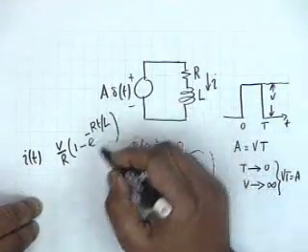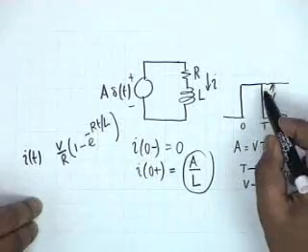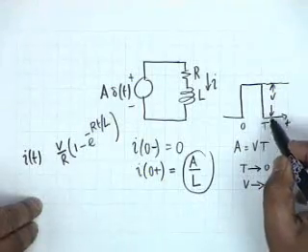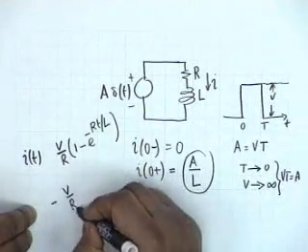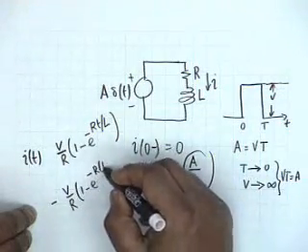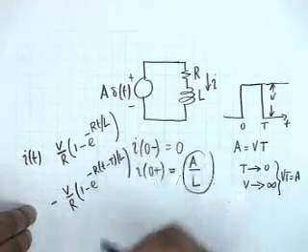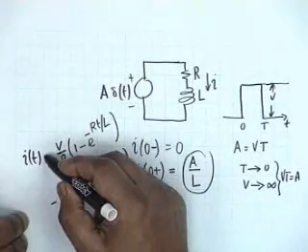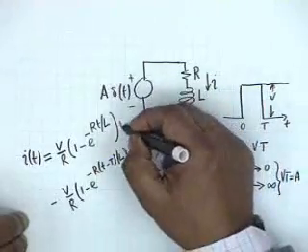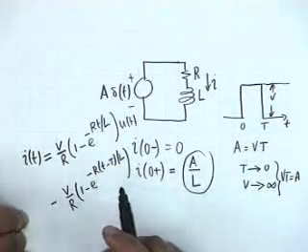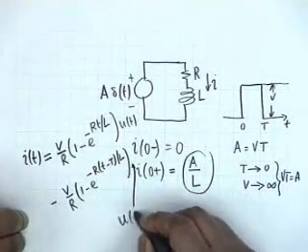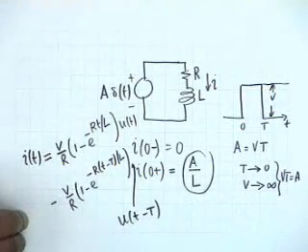Now, if we apply the pulse, that is another negative step at small t equal to capital T, the response to that shall be minus V by R times 1 minus e to the power minus R into t minus capital T divided by L. And the total current response would be equal to the first term multiplied by U of t, because it occurs for t greater than or equal to 0, and the second quantity multiplied by U of t minus capital T. Agreed?